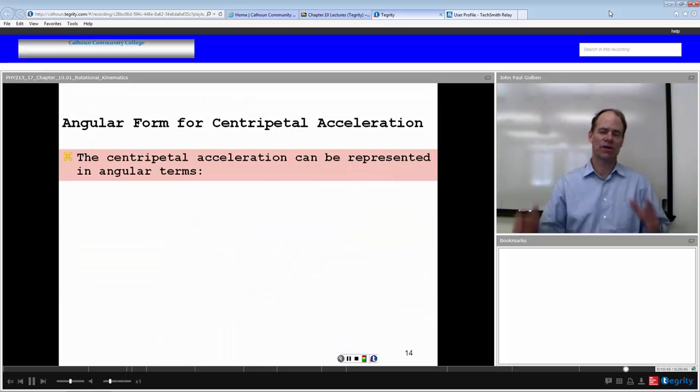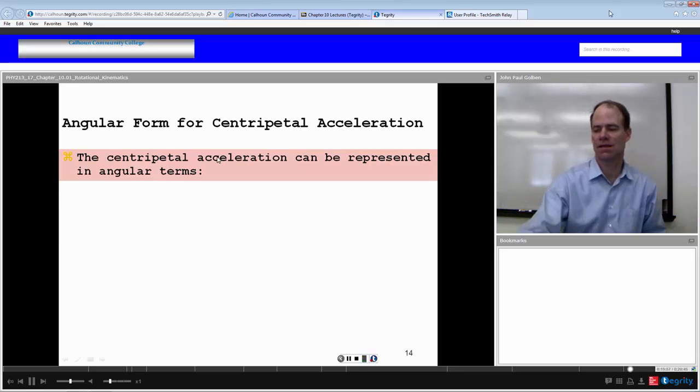We are going to be looking to extend these analogies from linear motion to angular motion throughout this chapter. And in that vein, the centripetal acceleration can be expressed also in angular representation.